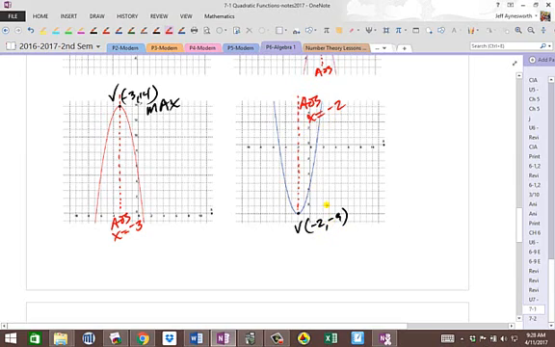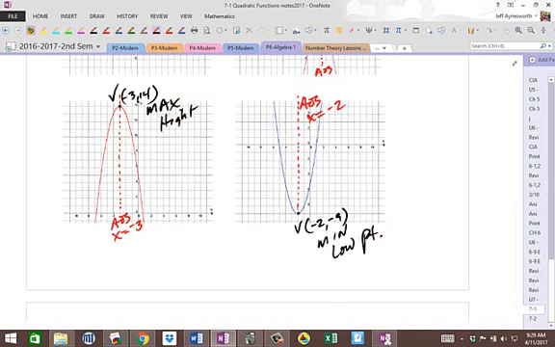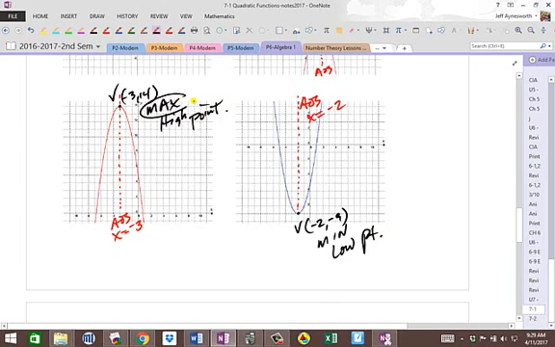We also know how to find the vertex and understand that if the parabola opens up, it has a low point or a minimum, and if it opens down, it has a high point or a maximum. I say high point just so that it makes sense to you, but the correct word is maximum. So we're going to use the words min and max: max if it's a high point, minimum if it's a low point.